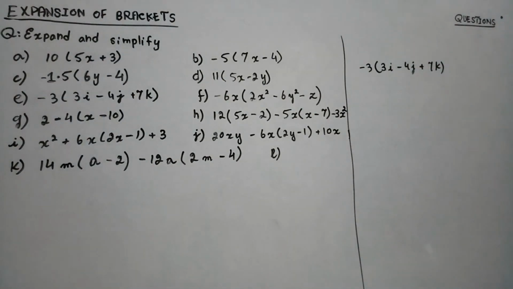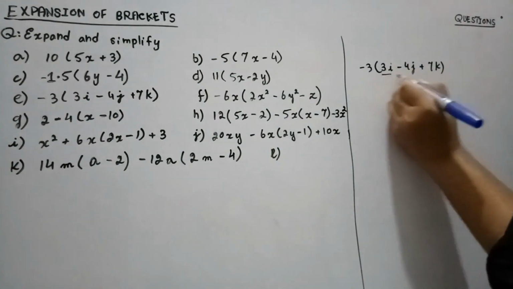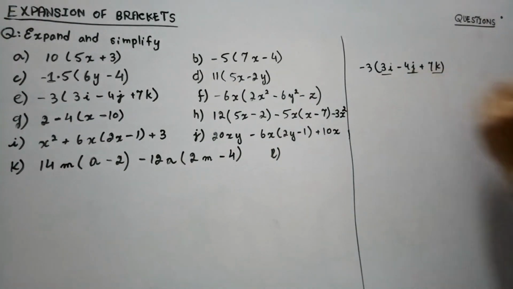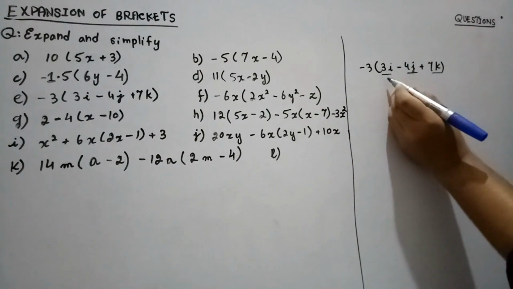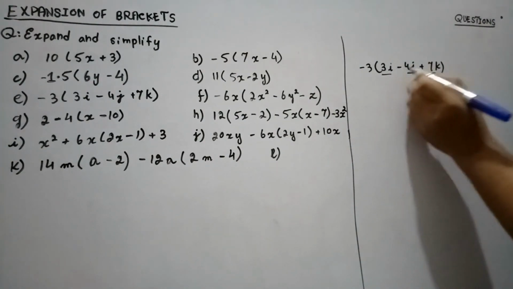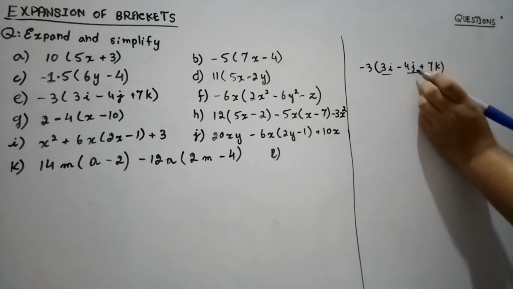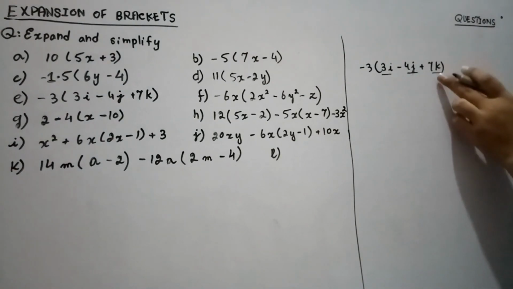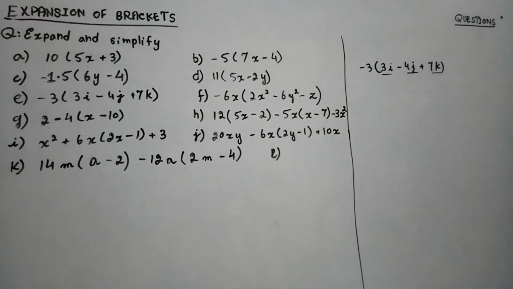This means that there are 3 terms. Why 3 terms? Because this is our first term, and it is separated from the second term by this negative sign, and the second is separated from the next term by this positive sign. So plus and negative signs separate the terms. Clear? That's why we have 3 terms here.